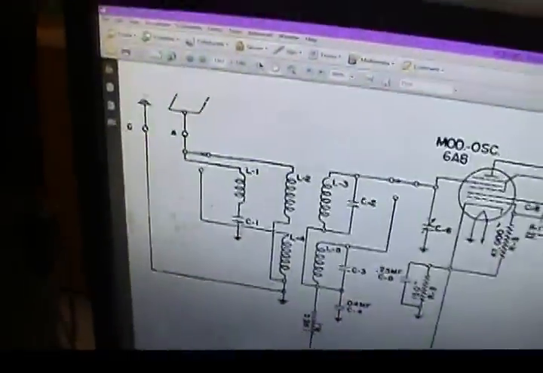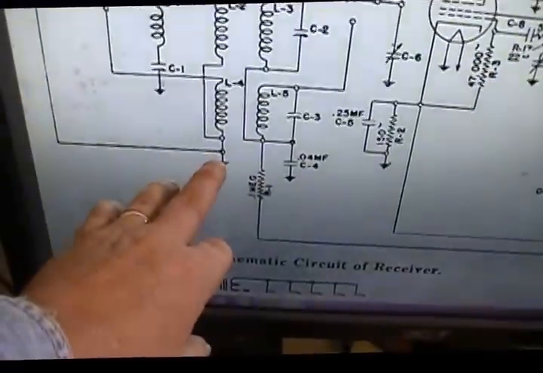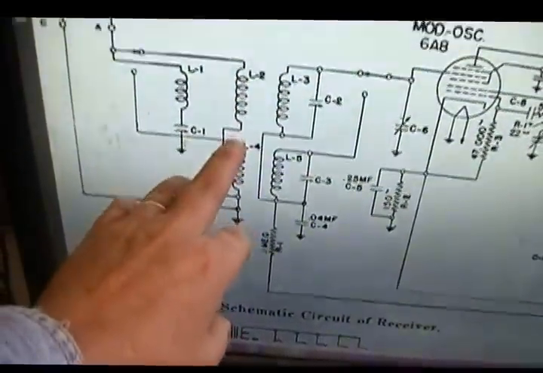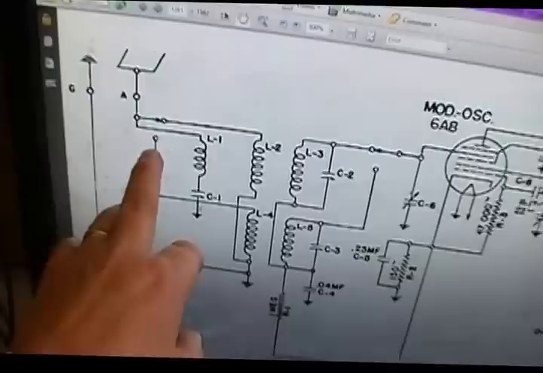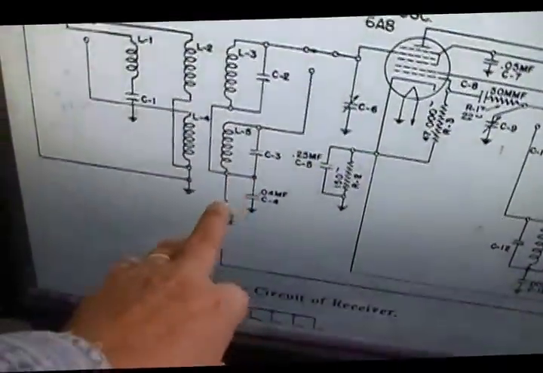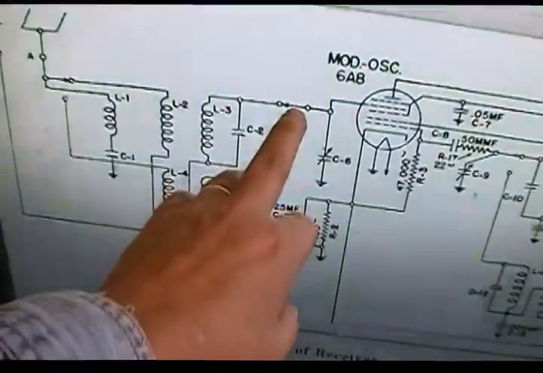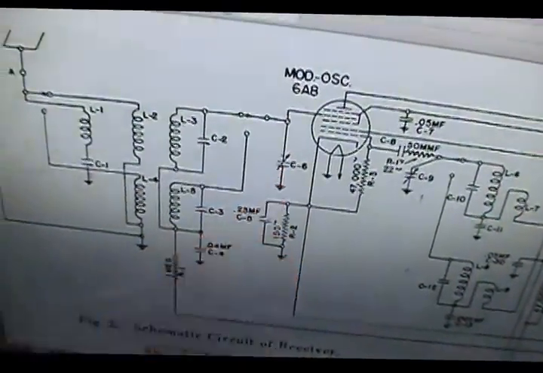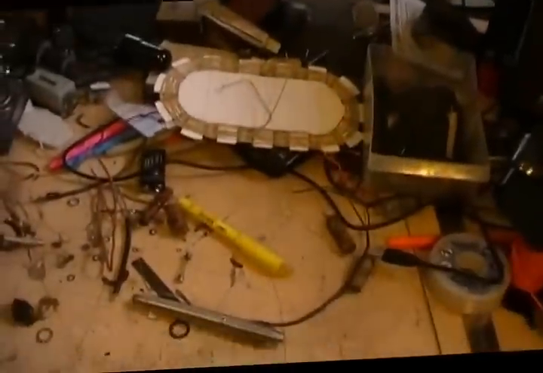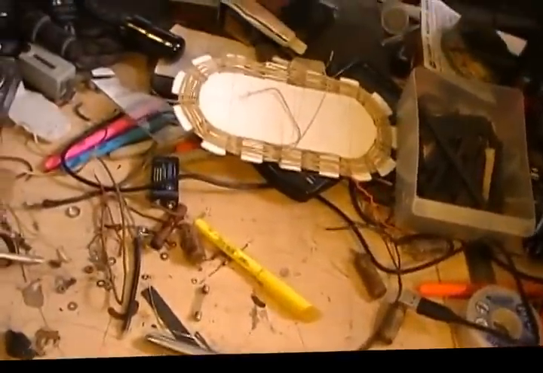On this side, opposite of the common points, these two ends will go back to the antenna through the band switch. These two ends opposite the common point go back through the band switch and go to the input grid, and also the tuning condenser. So that's one thing.